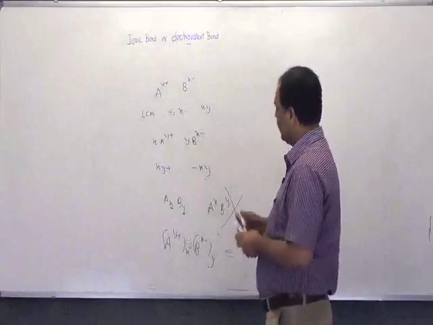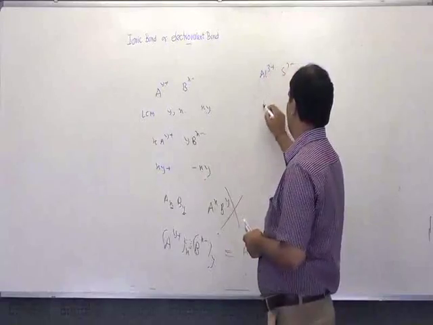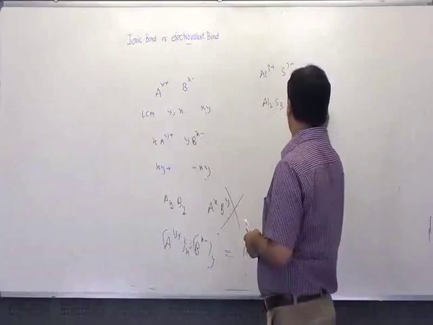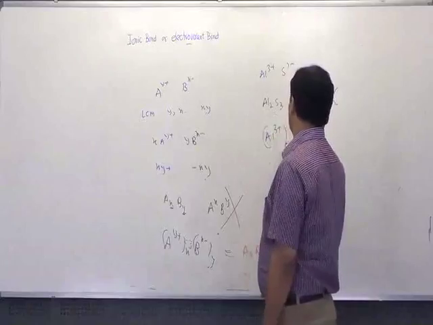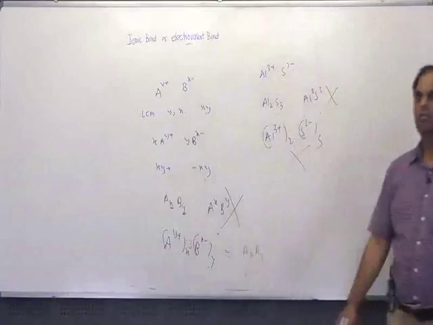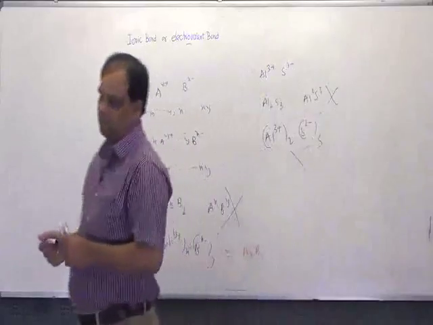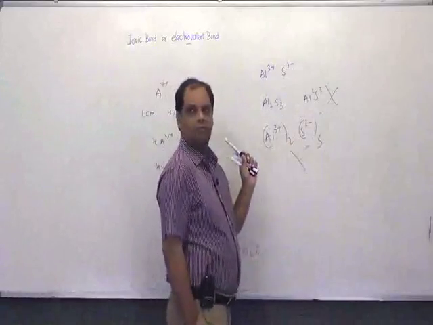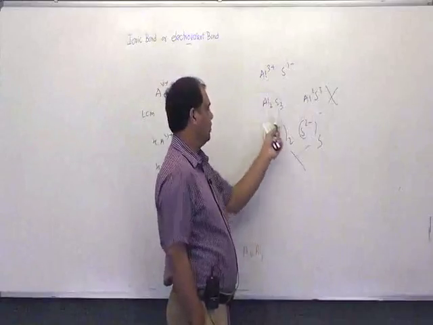For example, if we have a compound containing Al3+ and sulfide ion, how will we write this? Al2S3. We don't have to write Al2S3 in any other form. This is wrong. We also don't have to write Al3+ whole twice and S2- whole thrice. This is also wrong. It is the convention that cationic and anionic electrovalencies are omitted. So we have to write the formula like Al2S3.